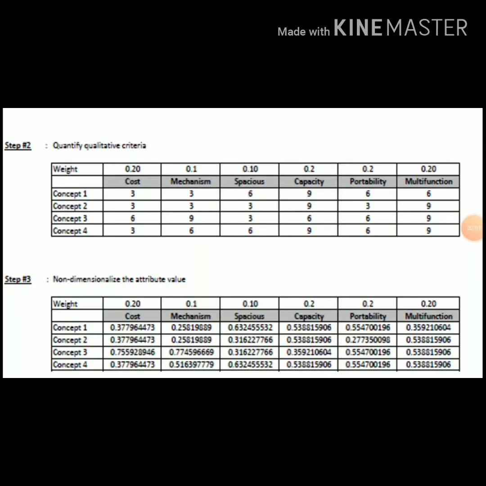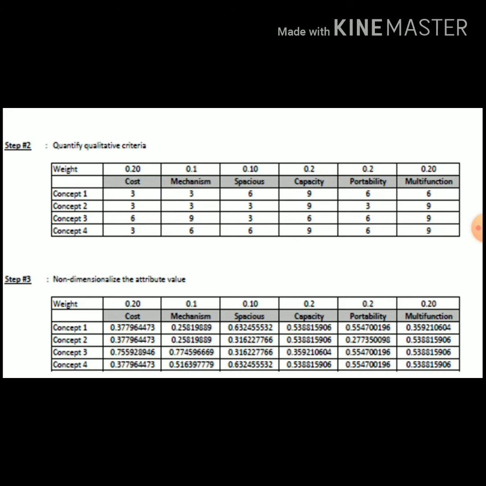Okay, moving on into step number 2, quantify the qualitative criteria. Because this is taken straight from the Pugh matrix as well, we don't have any problem since we are using numerical representations, so we don't have to transform qualitative into quantitative criteria. However, in the Pugh matrix we used a scoring system of 1 representing the lowest, 2 the medium, and 3 the highest.